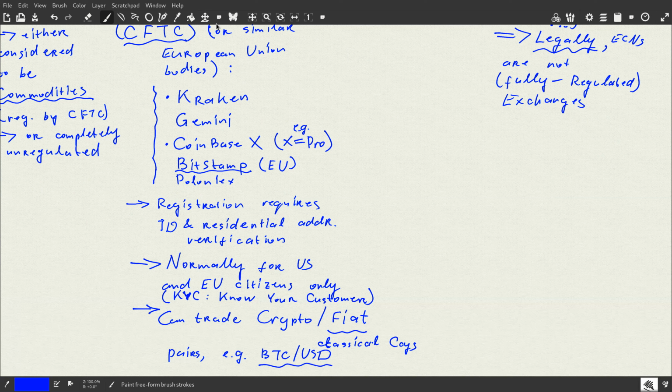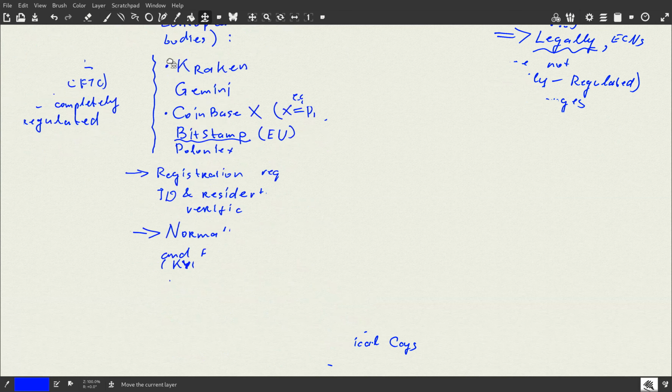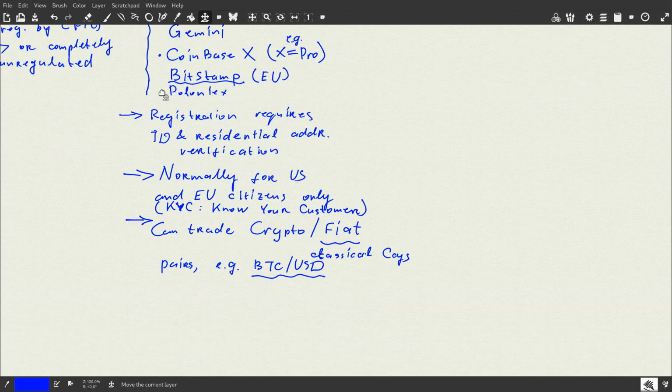If you trade really BTC USD, not USDT, which is the crypto equivalent of USD, but BTC USD, then obviously those exchanges need to partner with classical banks to process fiat transactions.